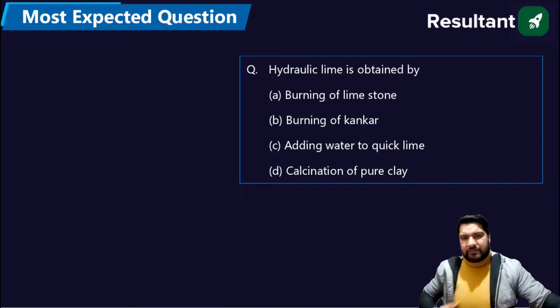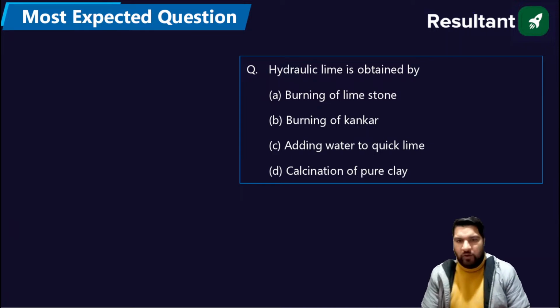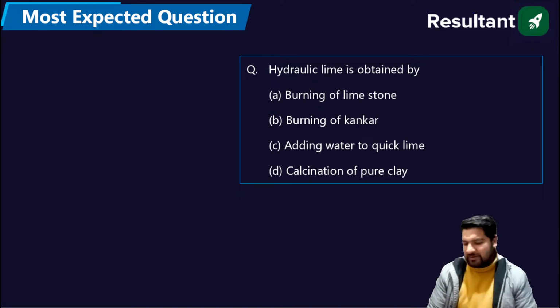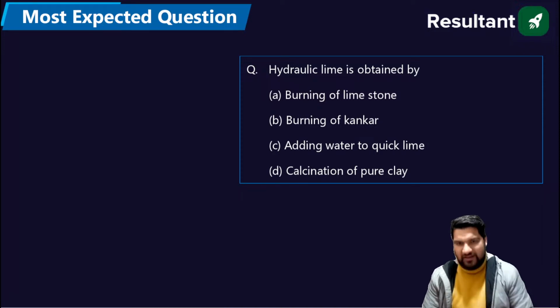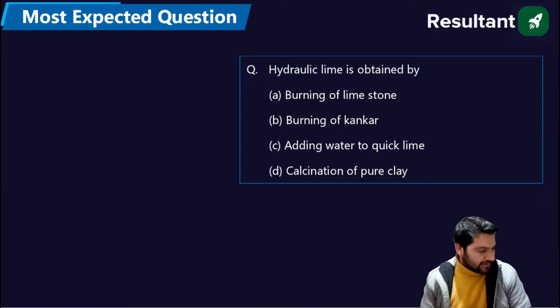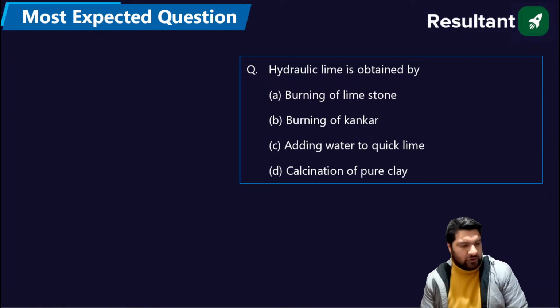Hydraulic lime is obtained from the calcination of what? Write down the answer now, then we'll discuss the question. We have three types of lime. First one is fat lime, the pure lime obtained from seashells.